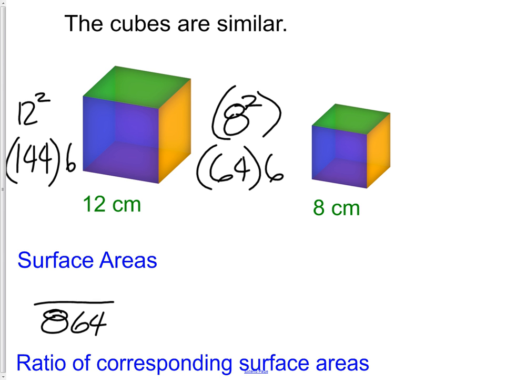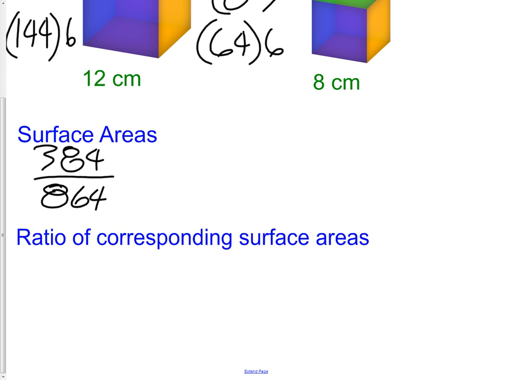So our surface areas are 384 over 864. The ratio of the corresponding surfaces, all we do for that is reduce down that fraction we just created. Using your calculator, you can plug that in and get 4/9.